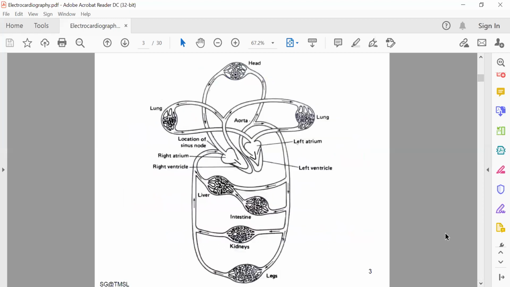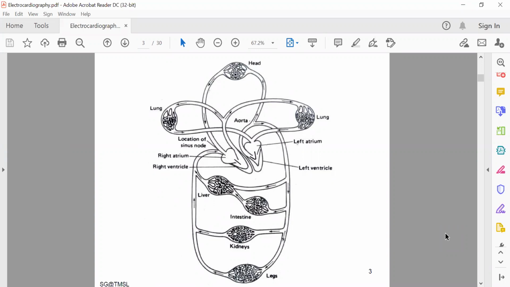So this is the heart and cardiovascular system. It is referred to as a two-stage pump, physically arranged in parallel but with the circulating blood passing through the pumps in a series sequence.